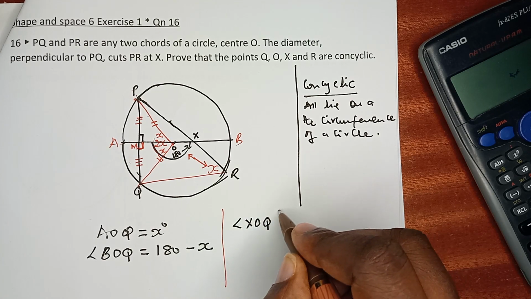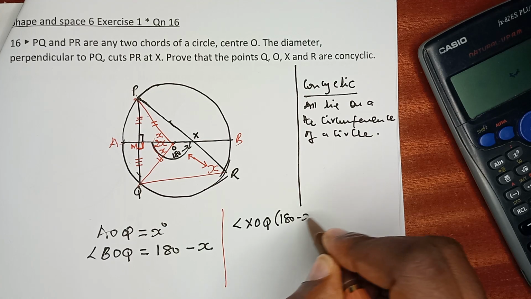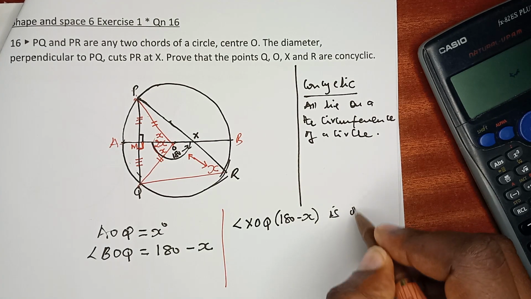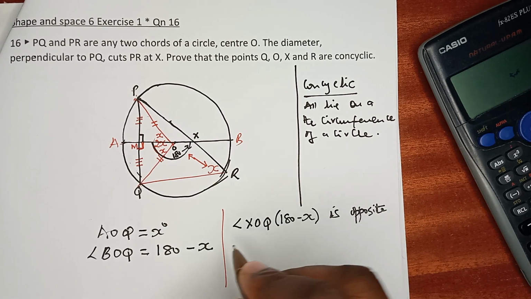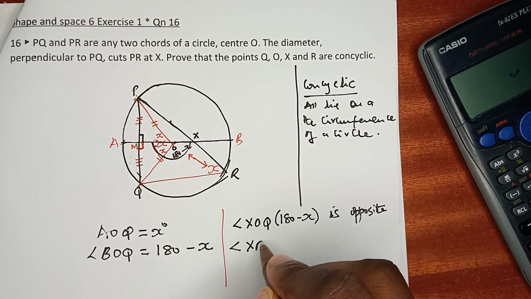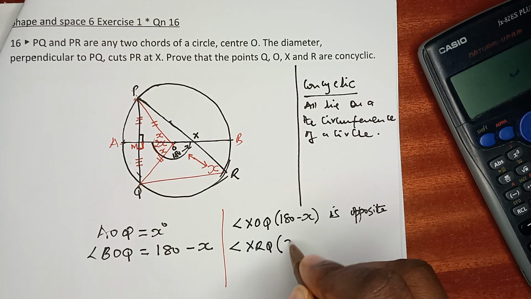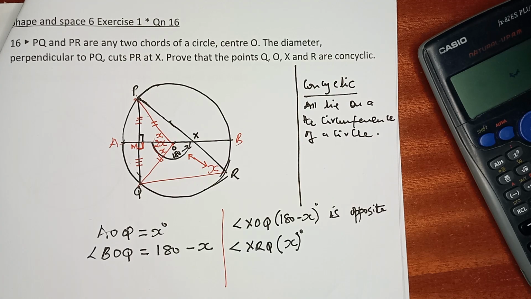Which angle? Angle XOQ, which is 180 minus x, is opposite angle XRQ, which is x degrees. Now, if we add up the two angles, we are going to have 180 minus x plus x, which is simply 180 degrees.